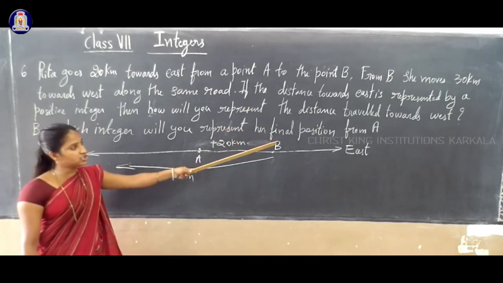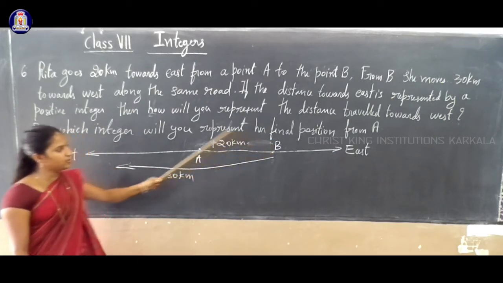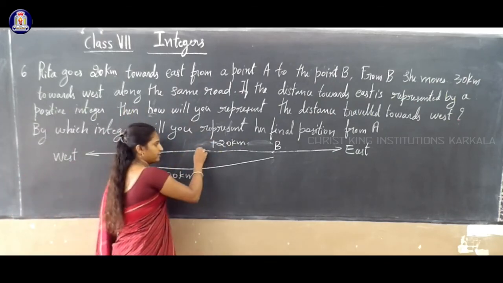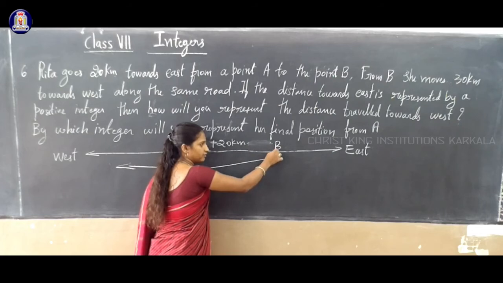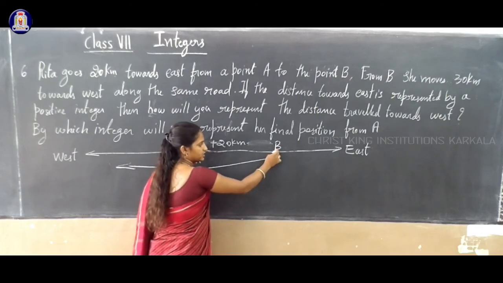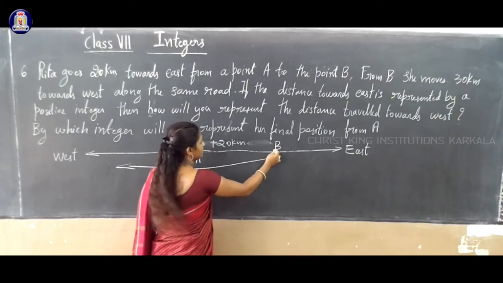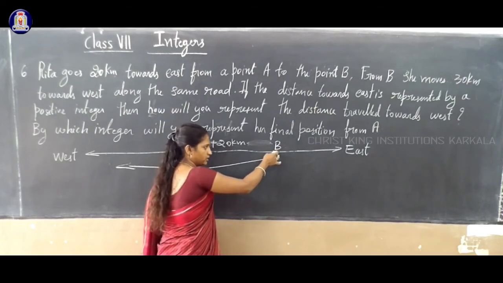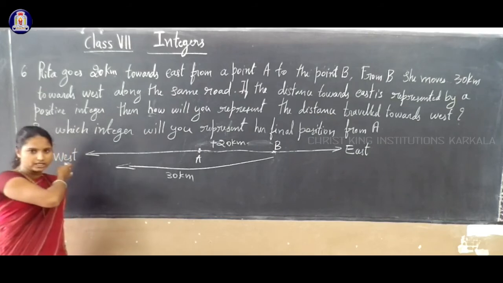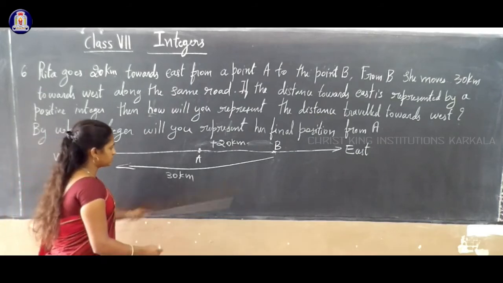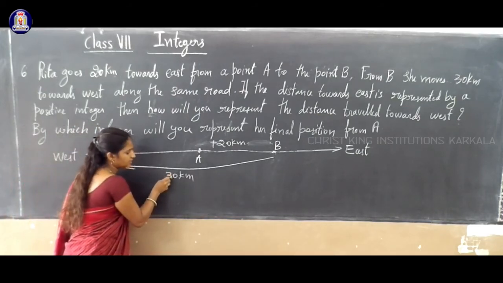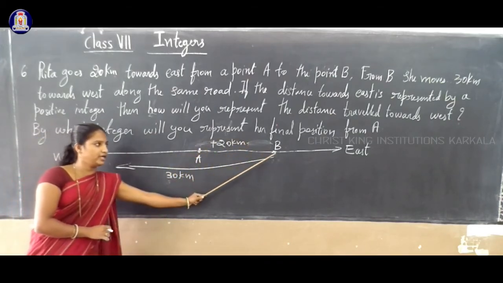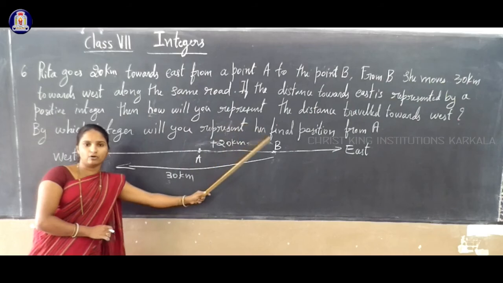Now next again she will travel from point B to west direction. Now she has reached from A to B. Now you can imagine Ritu is at position B. Clear? Now again in the same road she will travel west direction. The distance which she will travel is 30 kilometer. So first from point A to B she will travel 20 kilometer.